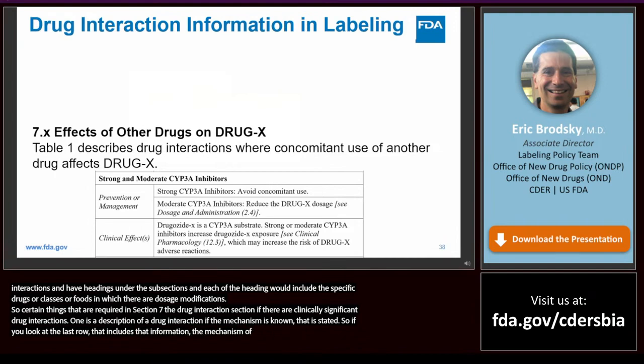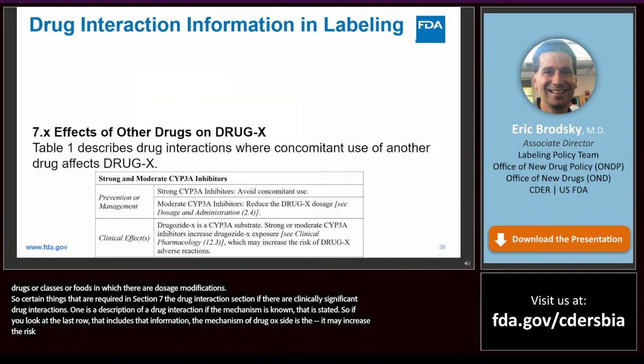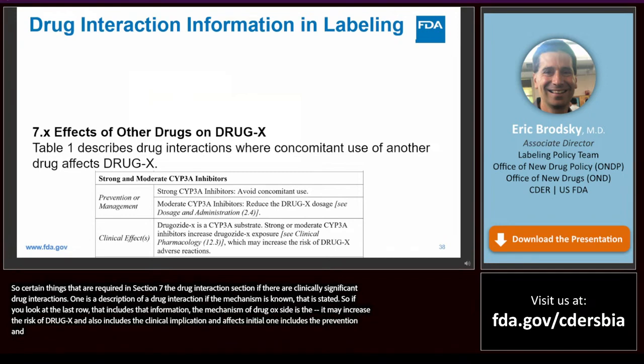The description of the clinically significant drug interaction: strong or moderate CYP3A inhibitors increase drug X exposure, which may increase the risk of drug X adverse reactions. It also includes the clinical implications or the clinical effects. Additionally, one includes the prevention and/or management strategies.